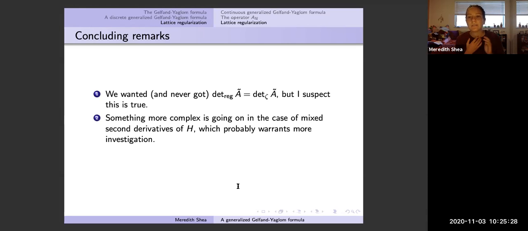That was really limiting. So this discrete formula will hopefully inspire a more general version that works for a more broad class of Hamiltonians. And that's all I had to say.